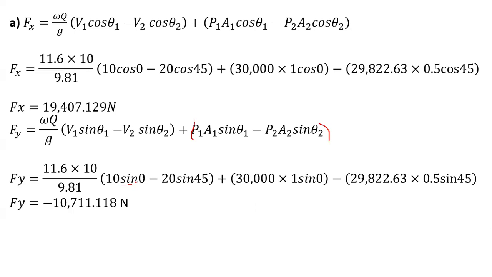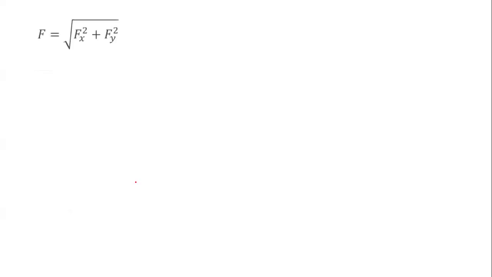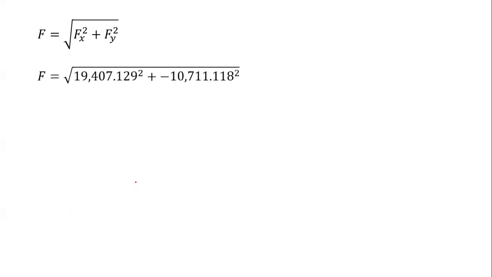What we said is that we can now combine these vectorially. We can now combine these using Pythagoras theorem, where we say the F is Fx squared plus Fy squared, everything under the root. So let's substitute. Our Fx was 19,407.129 squared, plus the other one was negative 10,711.118 squared.